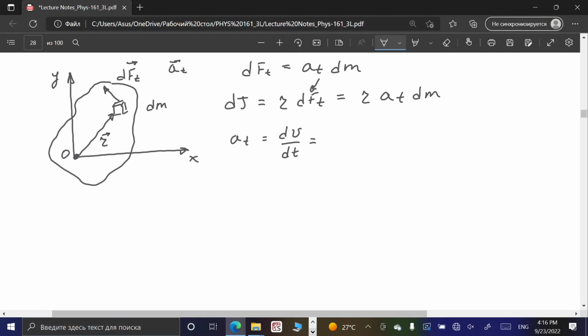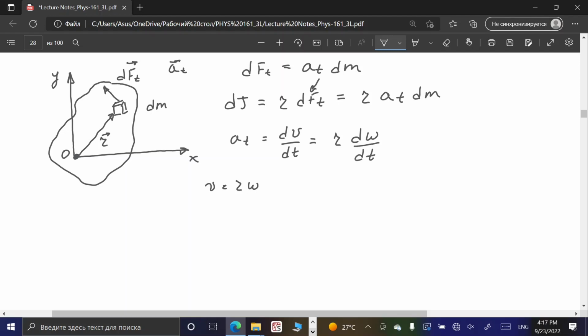That is, v is equal to r times omega. Now, if we take the derivative of the linear velocity over time, we get r, which is constant in this case, times d omega over dt.